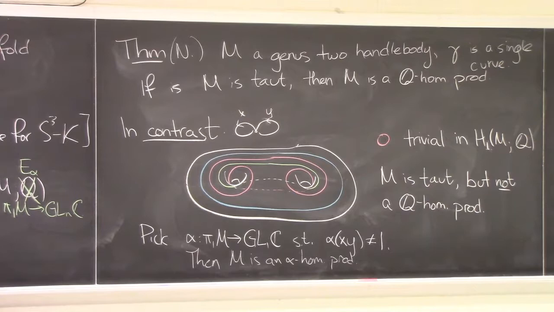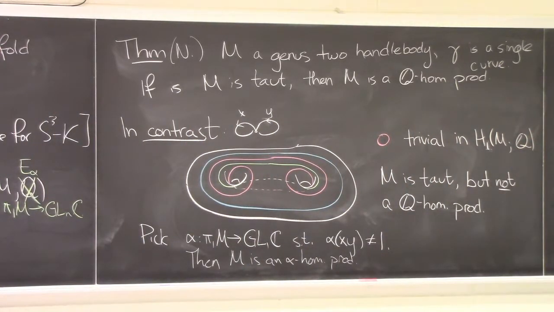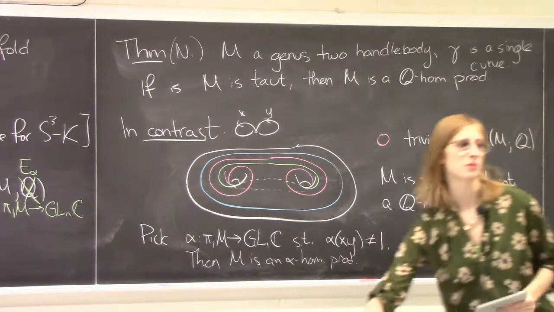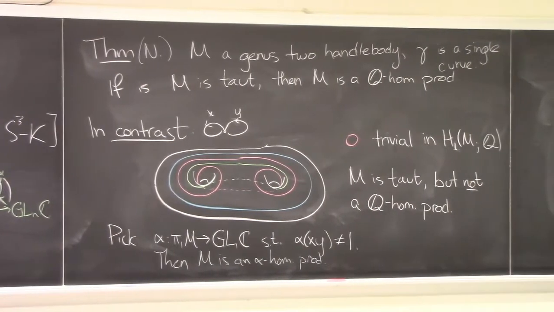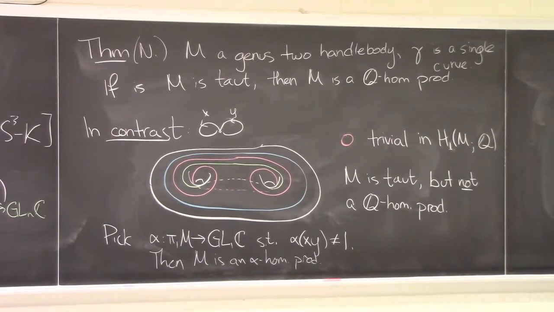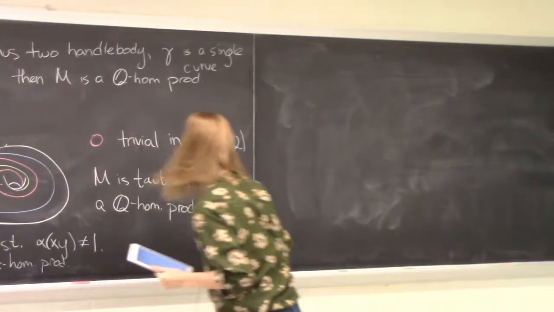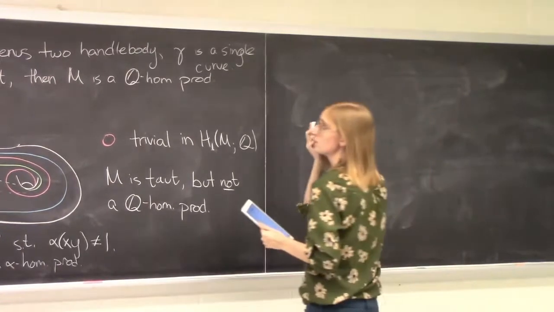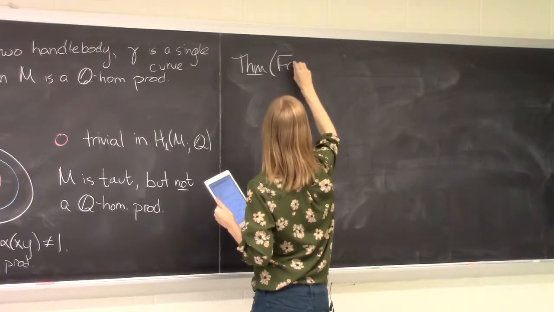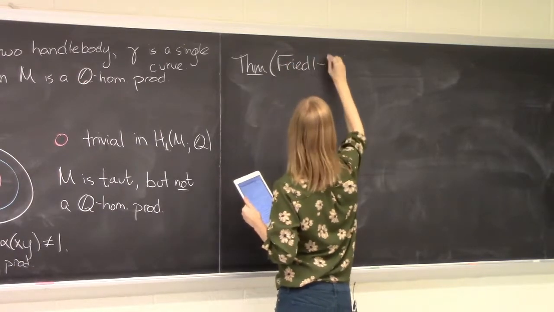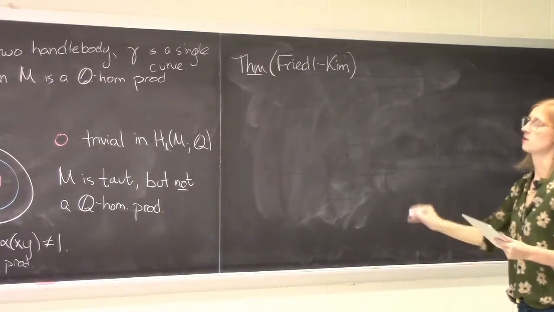So this shows us that this notion of homology with twisted coefficients and looking at twisted homology products gives us more leverage. We can say something that we couldn't before. How much more powerful is this? And so this is where I write Friedl and Kim's name on the board again. And it turns out that the answer is this goes the distance.